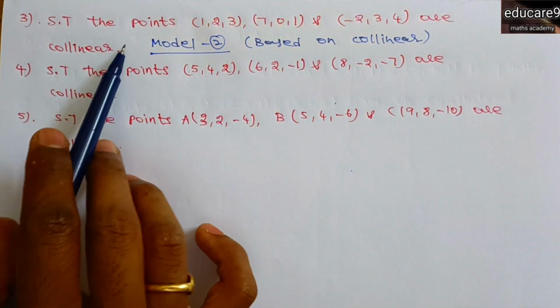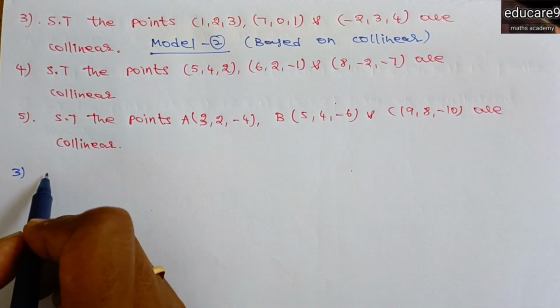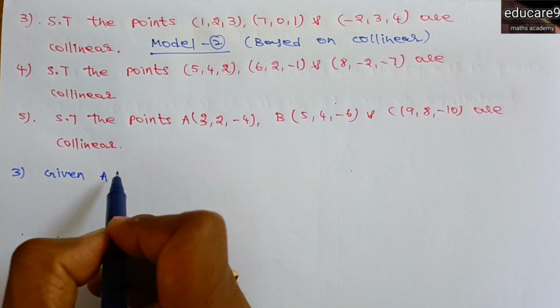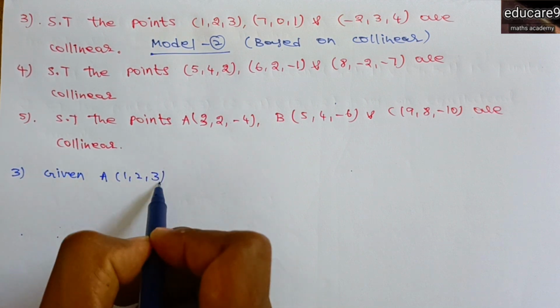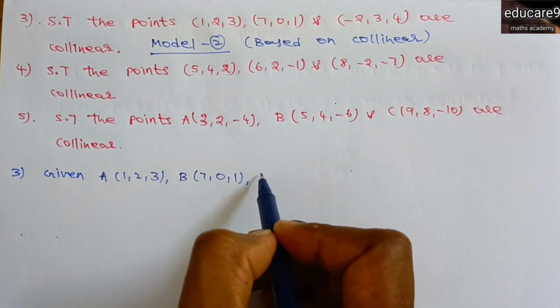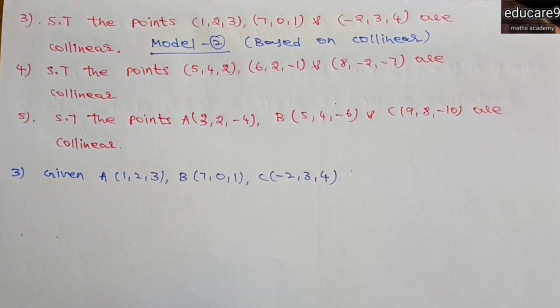Okay, see at the given points. Third solution, let us consider the given points A 1, 2, 3 and B 7, 0, 1 and C minus 2, 3, 4.